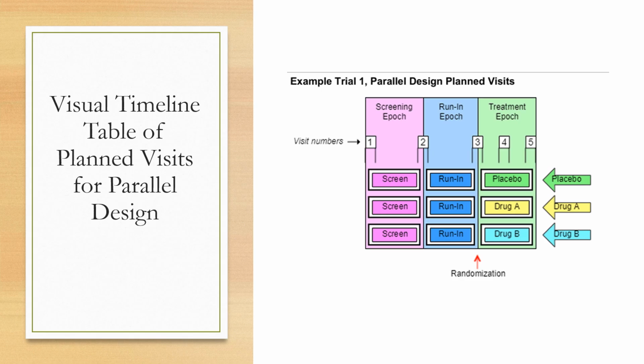In other words, the transition event that marks the beginning of the run-in epoch occurs during visit 2, and the transition event that marks the beginning of the treatment epoch occurs during visit 3. So in this parallel design study, we have 5 visits, and all these 5 visits are the same for all arms. There is no difference between the visits and arms.